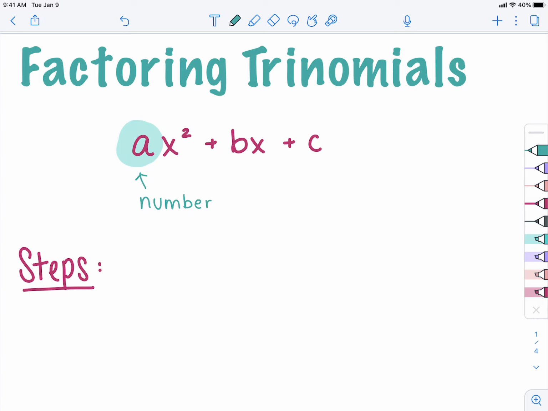So for the first step, we're going to multiply A and C. And A just represents the number in front of x squared. C just represents our constant all the way at the end. We're going to multiply them together, and then we're going to look for factors of that number that add to B.